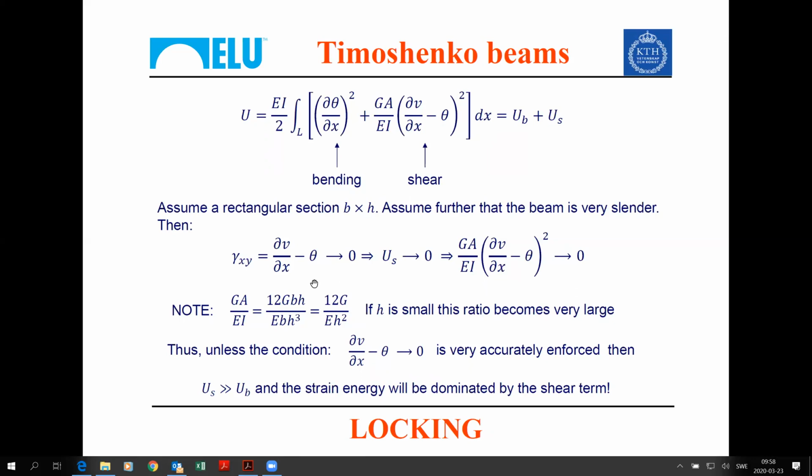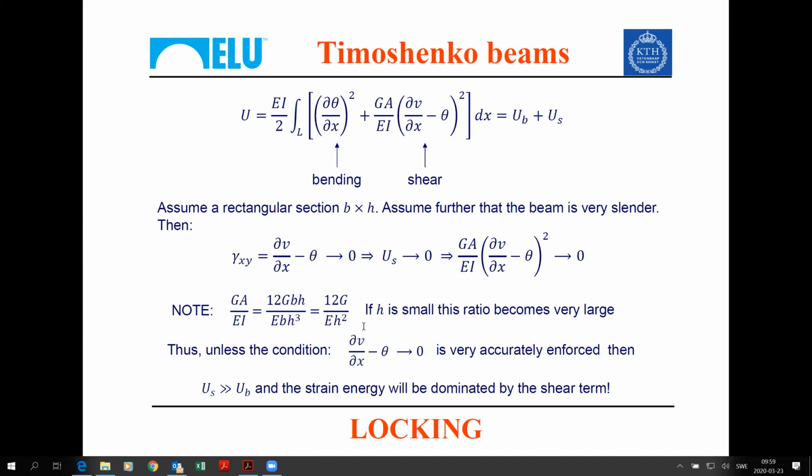Now let's look at this ratio here, which actually governs the value of the strain energy. This is GA over EI. If we assume cross-section of dimensions B and H, then this ratio is 12G over E divided also by H squared, so the height squared.